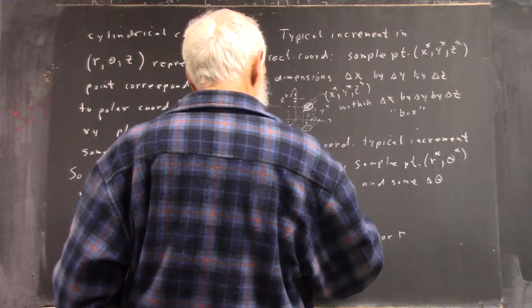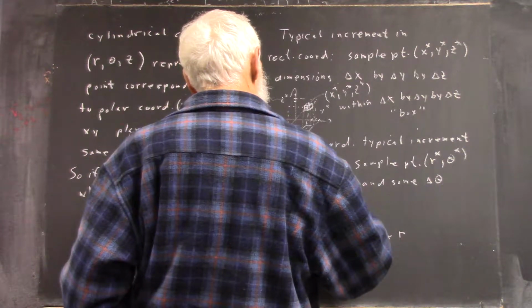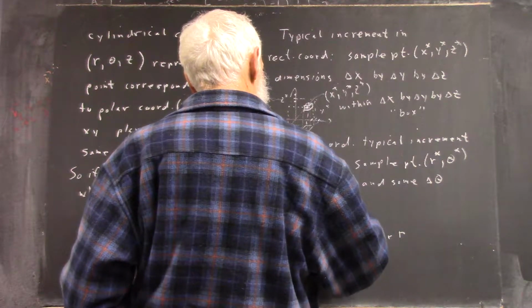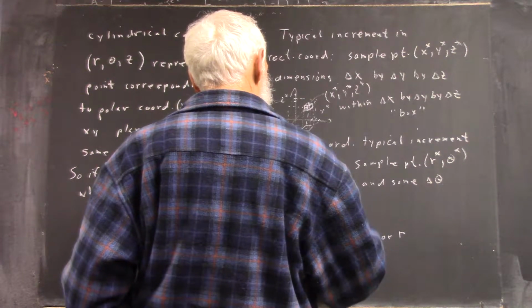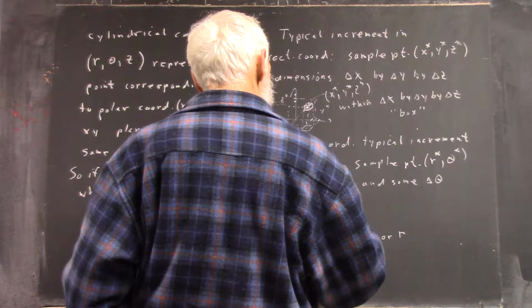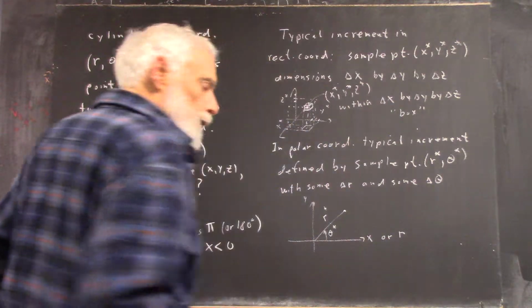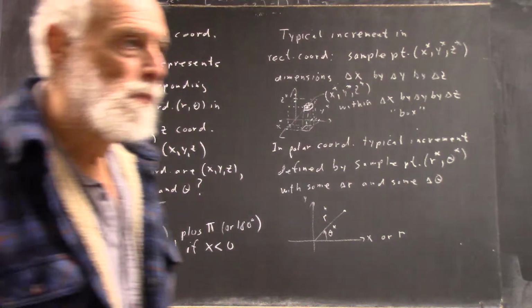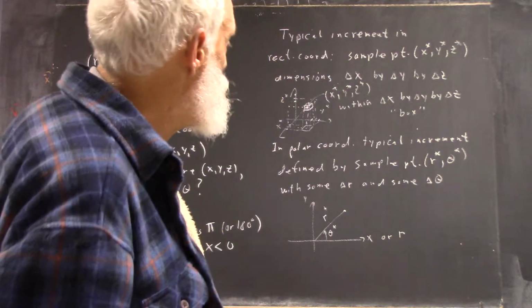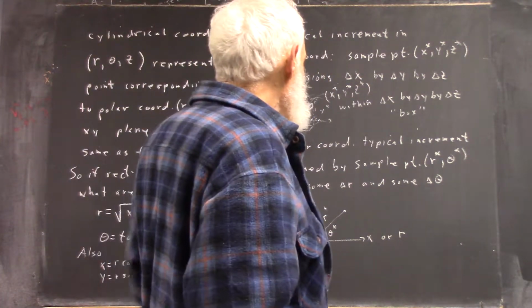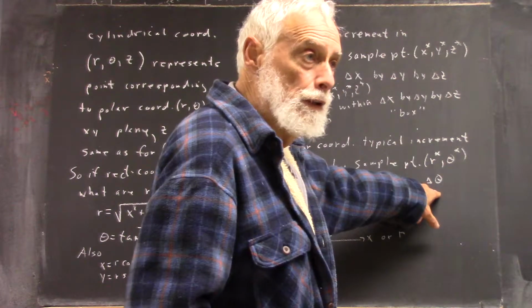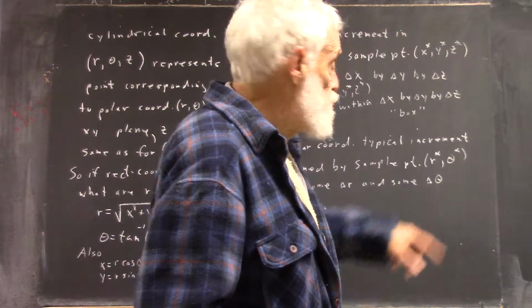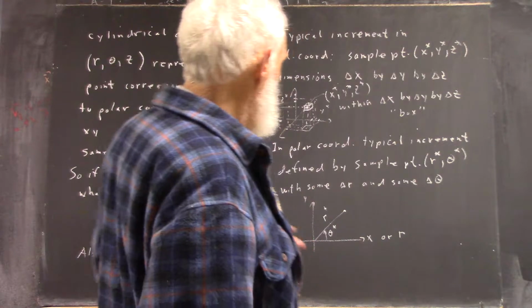So what do we have here? Well, there's r star, and there's theta star, right? Now, we have a delta r and a delta theta increment. Okay?